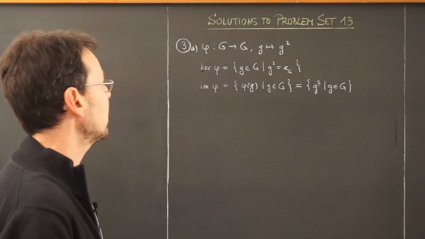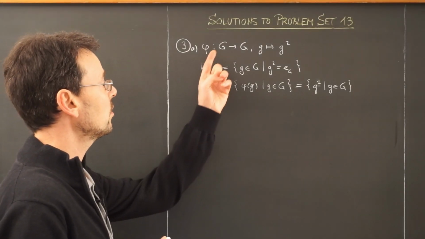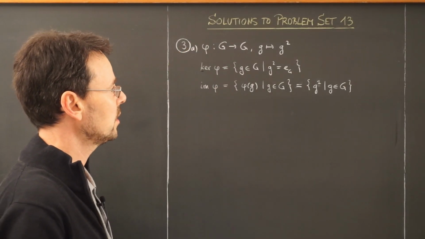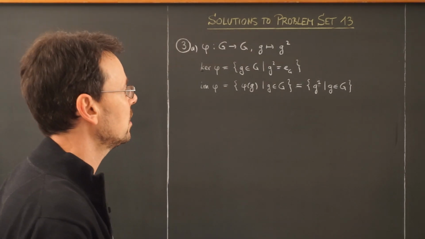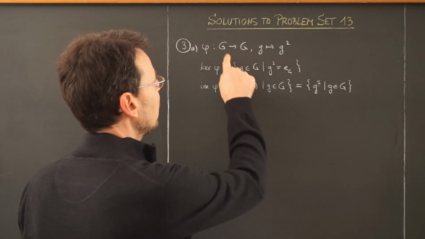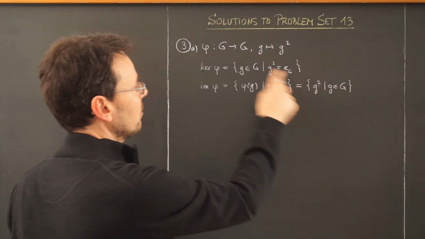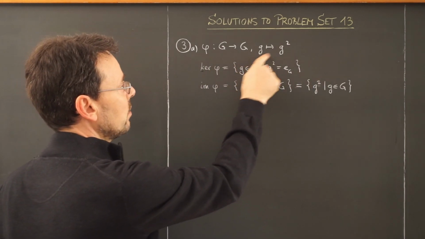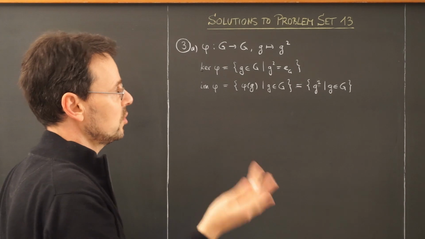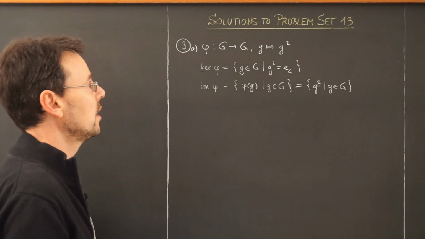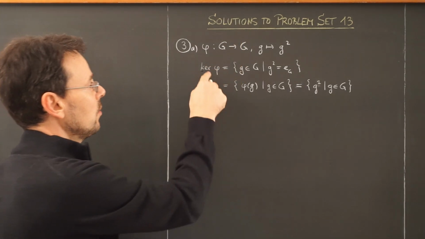Okay, next exercise. We need to determine kernel and image for a list of homomorphisms that we studied in another problem set. We start with the squaring map, which sends a group element g to its square, g times g, which is clearly again an element of the group G. What is the kernel?